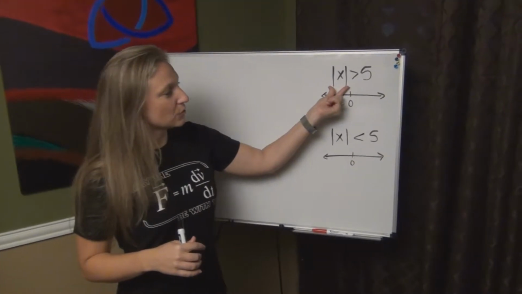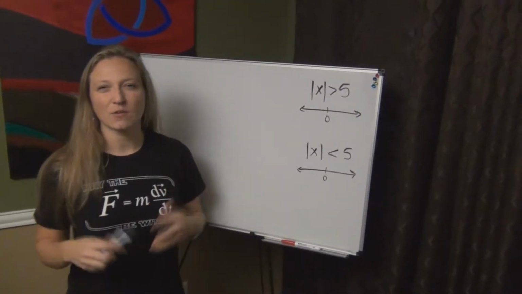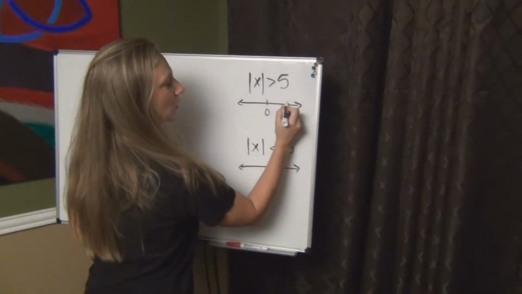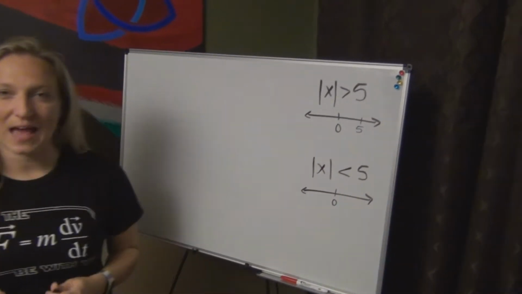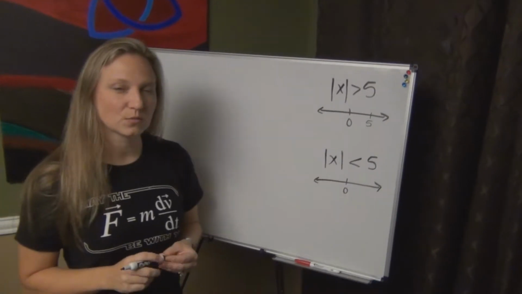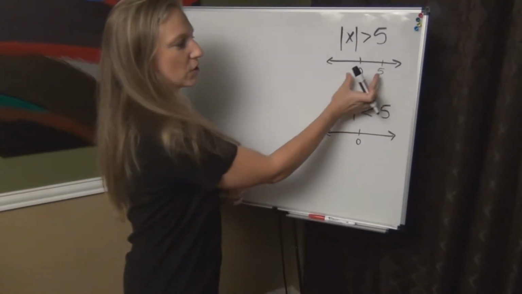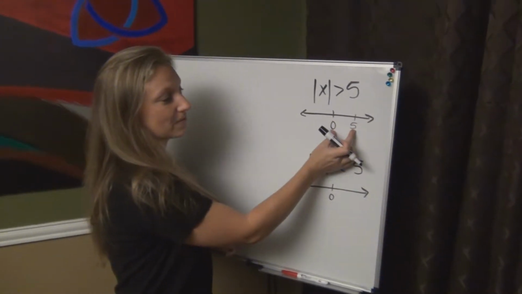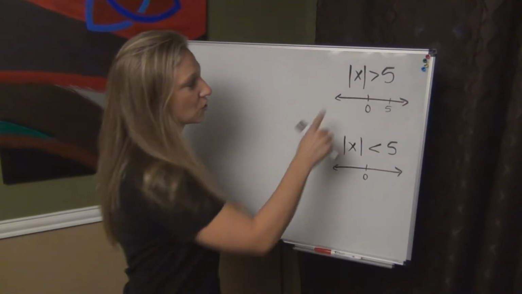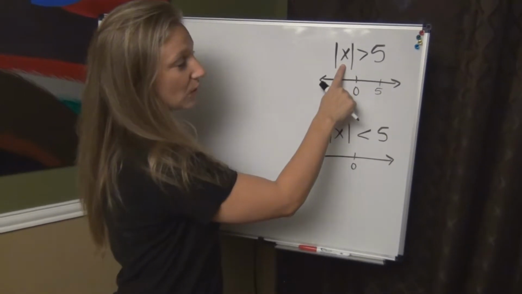If we take the absolute value of x, let's pick a value. Let's test 5. If we plug 5 in for x, the absolute value of x, remember, absolute value means how far is it away from 0? Well, 5 is 5 away from 0, so the absolute value of 5 is 5.